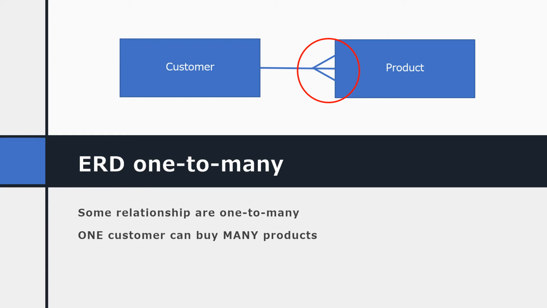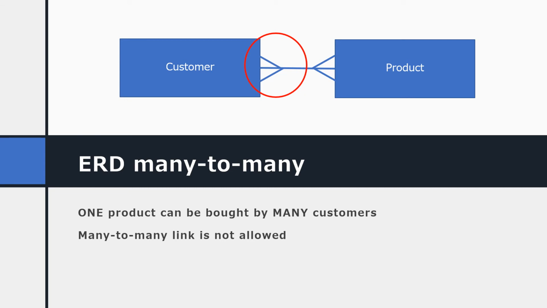So it looks a bit like a bird's foot, doesn't it? So we've shown here that one customer can buy many different products by drawing that 3 lines at the end. And this is called a one-to-many relationship. One customer buying many different products.